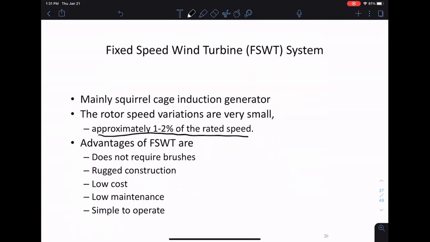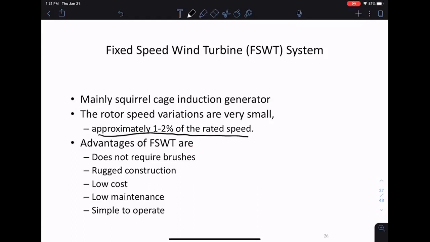That's the drawback of these generators. For loads, this is not a big problem, because you can count on the frequency from the grid being 60 hertz. That is the synchronous speed, so you can design everything with reference to that 60 hertz.